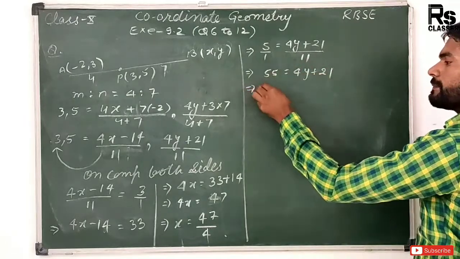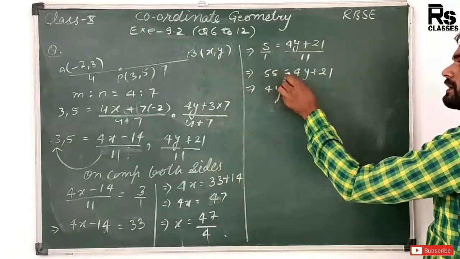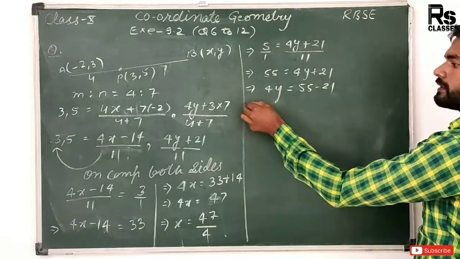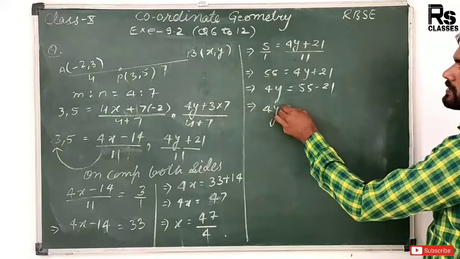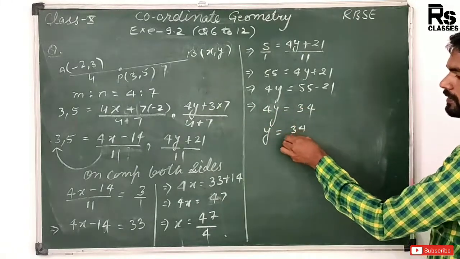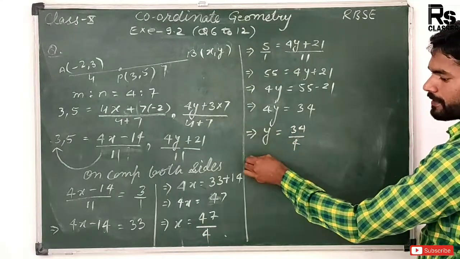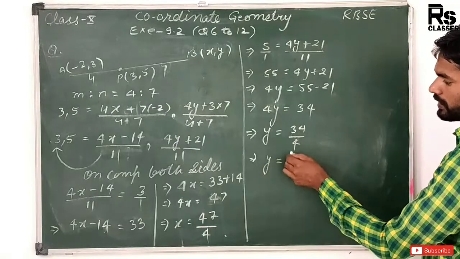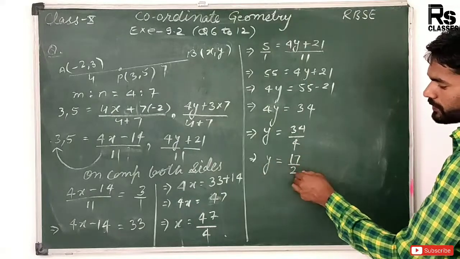Transpose this, it implies that 4y is equal to 55 minus 21. 4y is equal to 34 and y is equal to 34 upon 4. It can cancel with 2. Then y is equal to 17 upon 2.